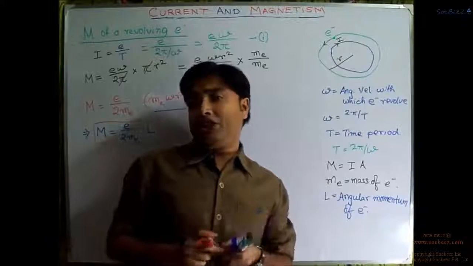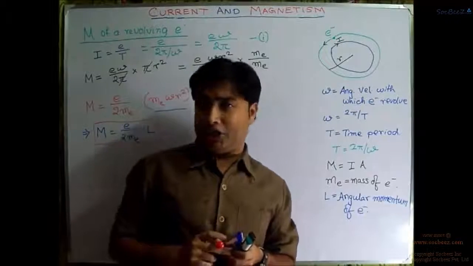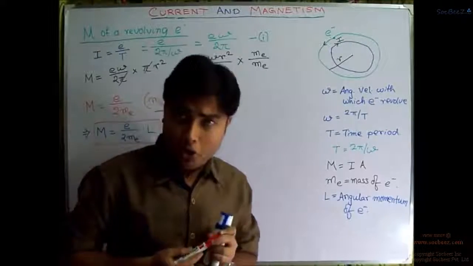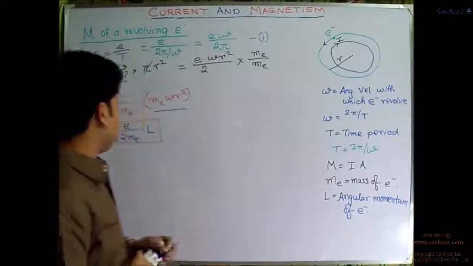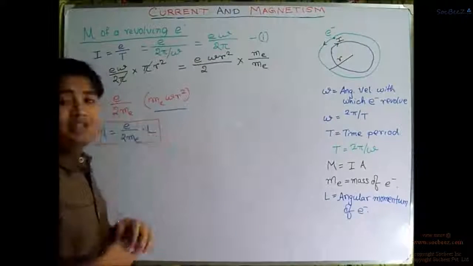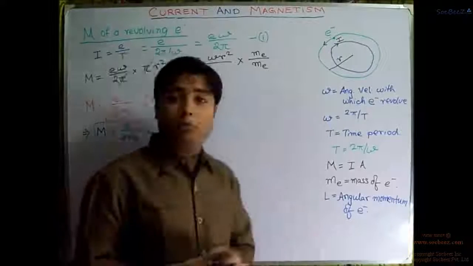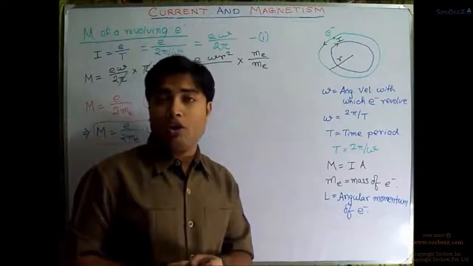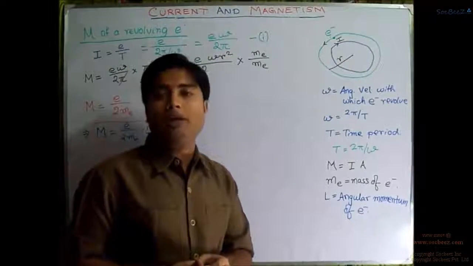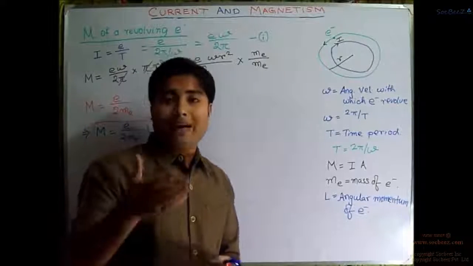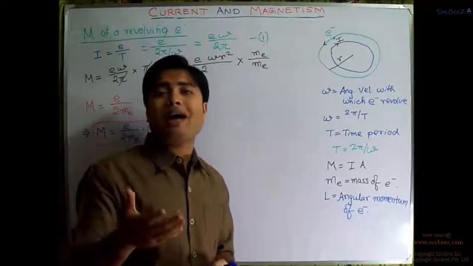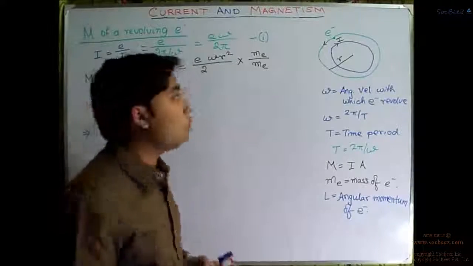Now if we wish to find out the direction, obviously we know that to find the direction of this L, or the angular momentum of the electron, we could simply use our right hand, Maxwell's right hand thumb rule, or the corkscrew rule.